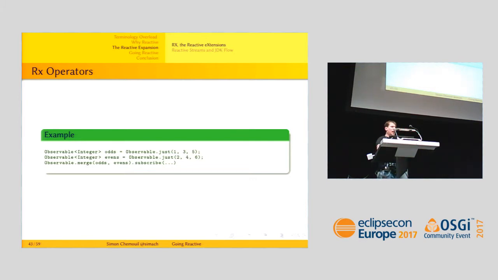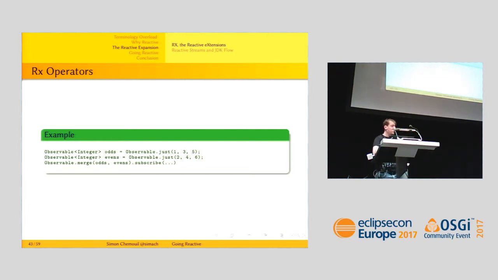So actually, that doesn't match the previous example, because those observables, I created them just now. If I merge them, it's going to be 1, 3, 5, 2, 4, 6, because they're not flowing concurrently. I'm just defining them now. It's not like values that come.